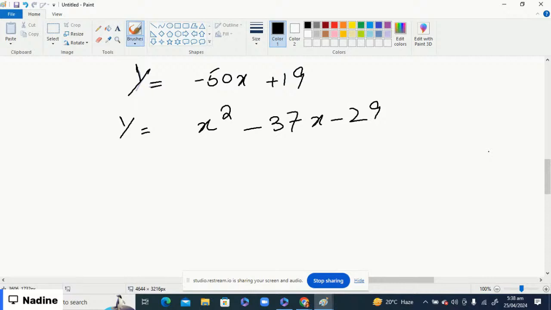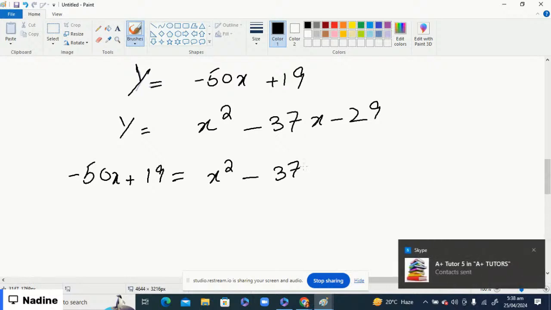So y is equal to minus 50x plus 19 is linear, and the other is a parabolic equation, and we solve it this way. In place of y, just put minus 50x plus 19, that is equal to x square minus 37x minus 29.